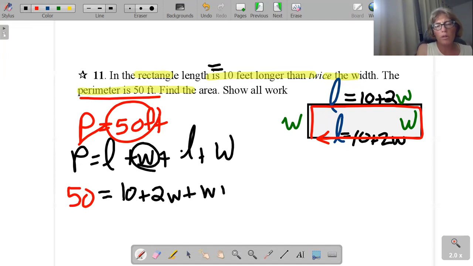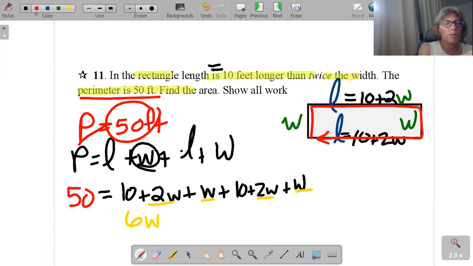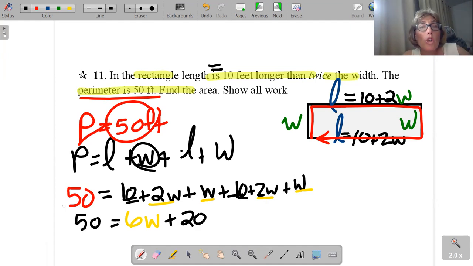Bring down the width. 10 plus 2W plus W. Now we collect like terms. That's 2W and W, that's 3W, 5W, 6W. So I have 6W plus 20 equals 50. From here you solve for the width, you solve for the length, and you solve for the area.